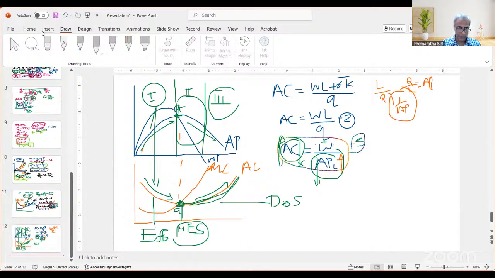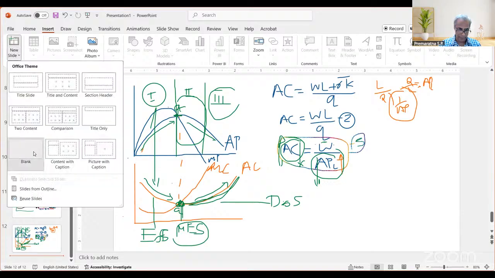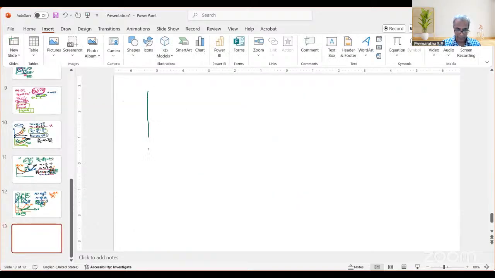Now I'll go to another slide. Now, for example, the long run. We apply this economies of scale and the minimum efficient scale in the long run.